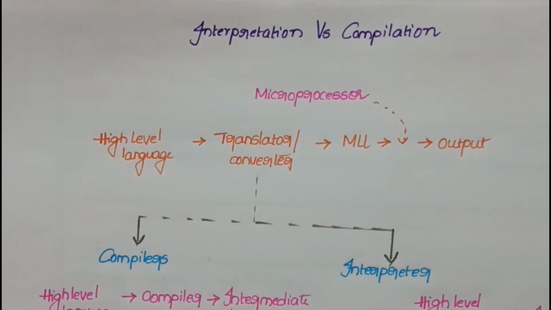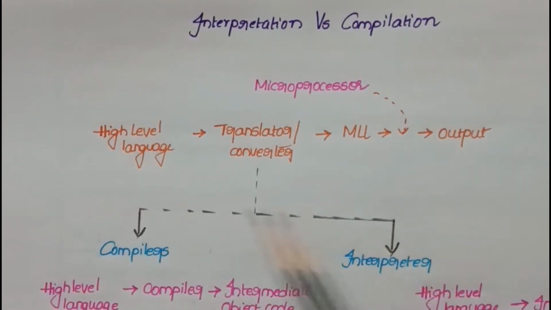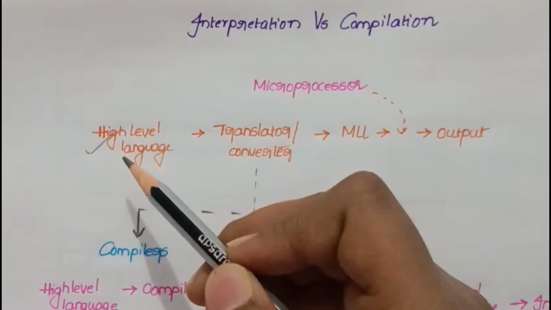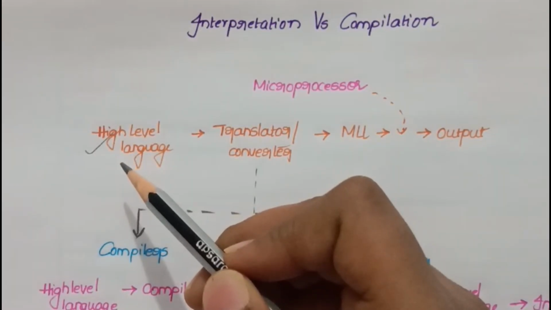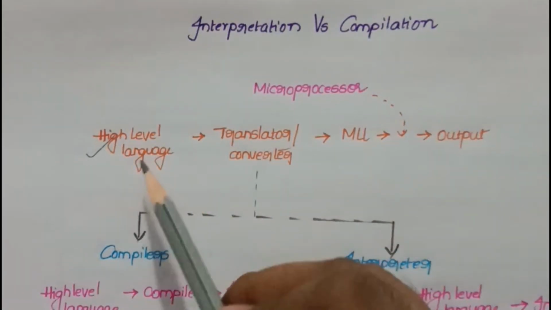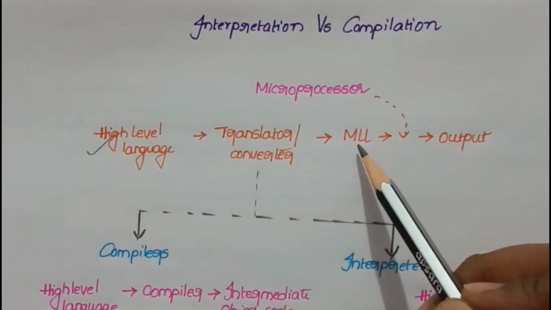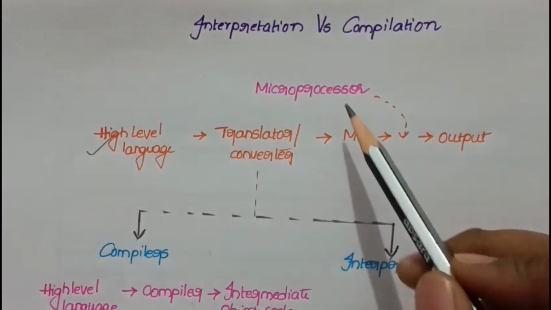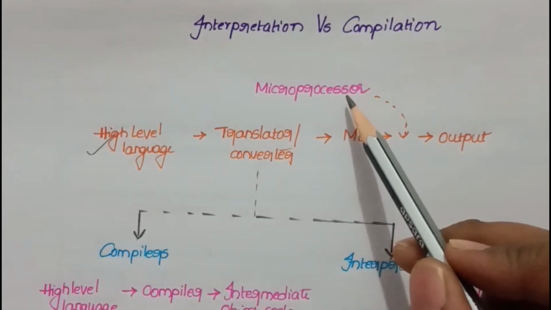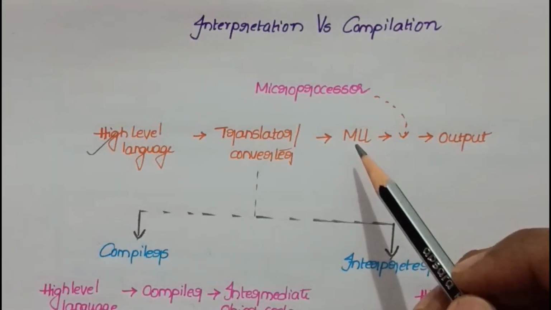Actually, when we write any programming language, it is a high level language which is understood by humans. In order to execute that language, first it has to be converted into the machine level language because the microprocessor understands only zeros and ones.